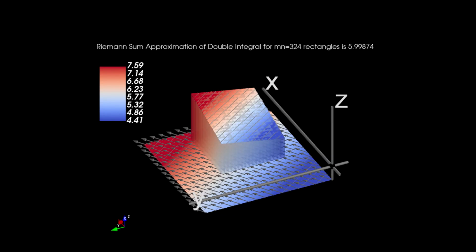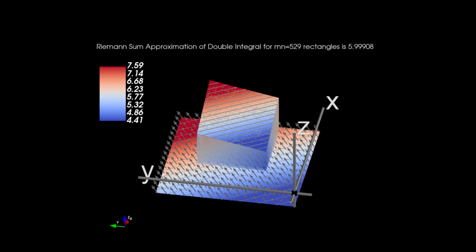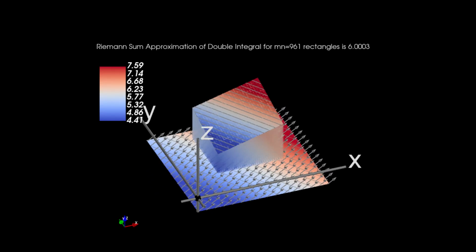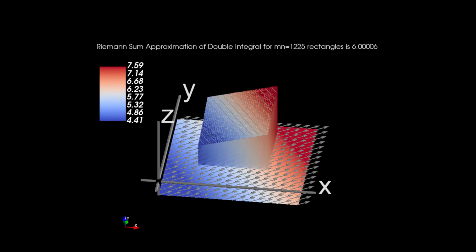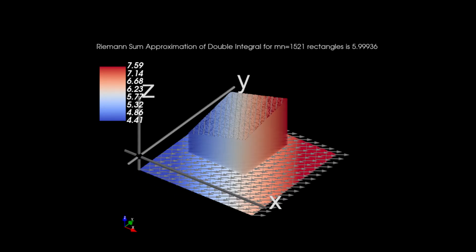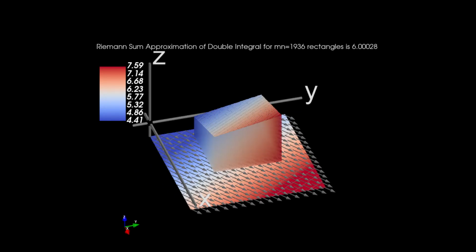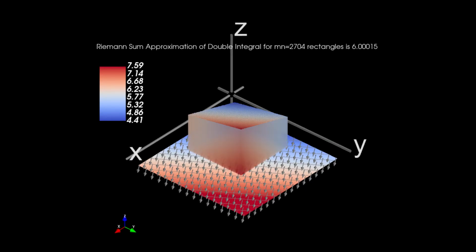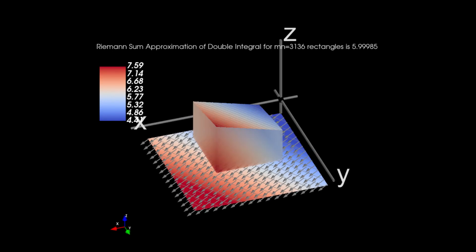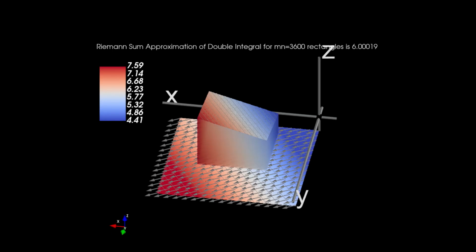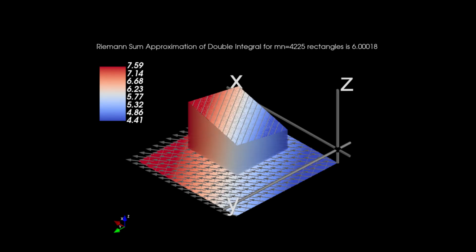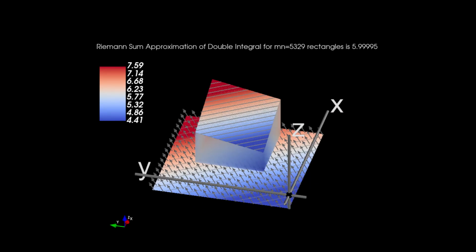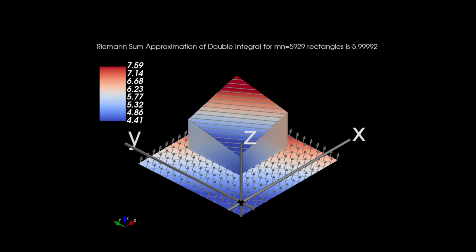And we're very clearly seeing that the Riemann sum is very quickly converging to the correct value, which for those values of m, n, and L, the correct volume is 6. Very quickly you see the Riemann sum is getting closer and closer to the actual value of the volume under this plane, which is verifying the result that we just obtained.